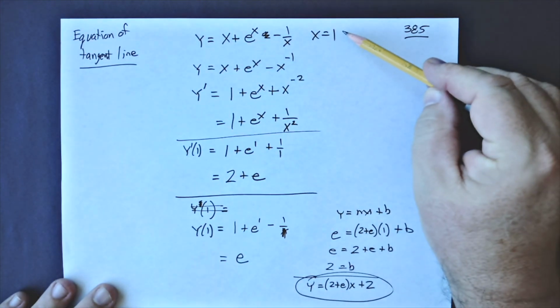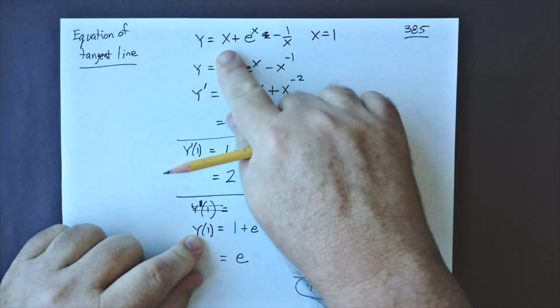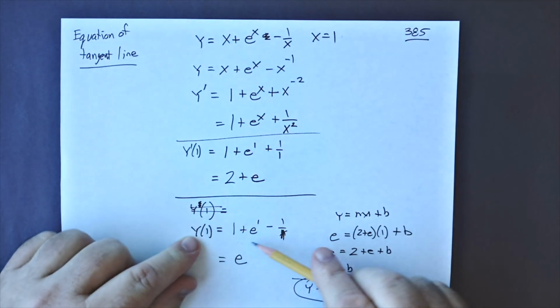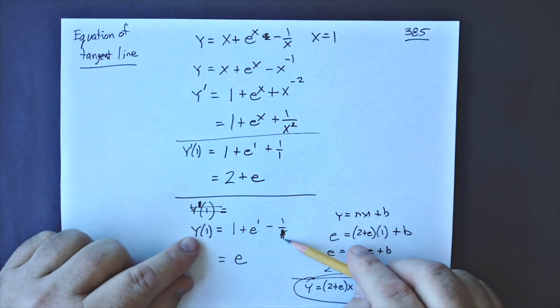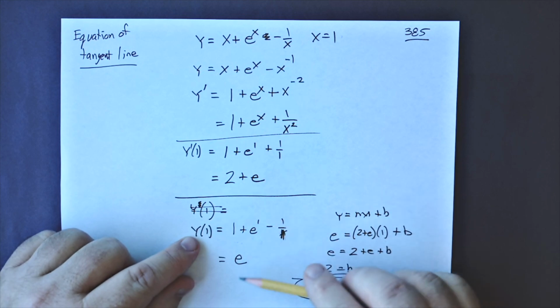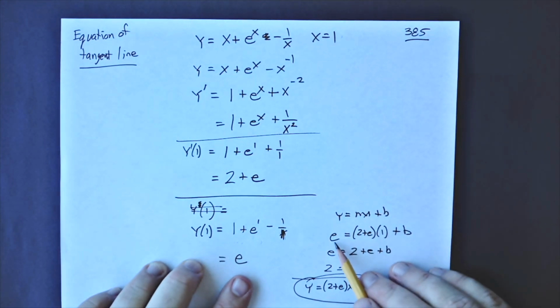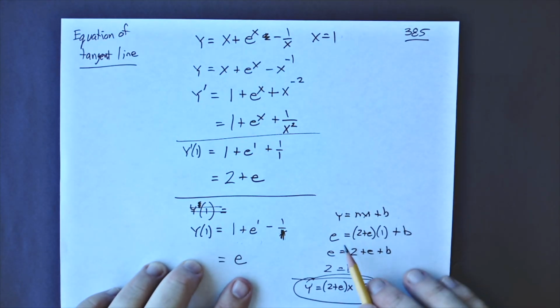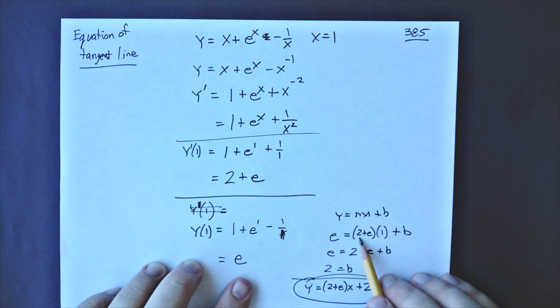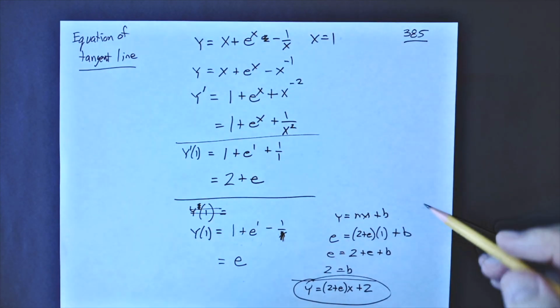Now we just need to find our y value, so I'll plug this into the original equation here. So I get 1 plus e to the 1 plus 1 over 1. Well, 1 over 1 is 1. 1 minus 1 is 0. E to the 1 is e. So my y value is e. So plugging it into y equals mx plus b, I get e equals 2 plus e times 1 plus b.